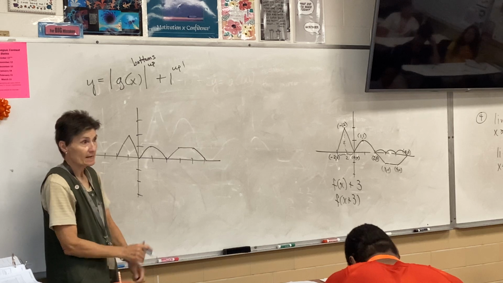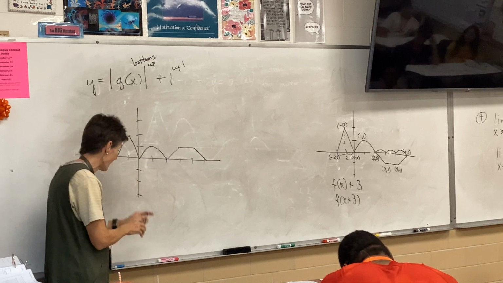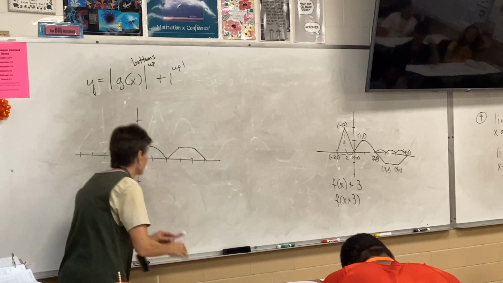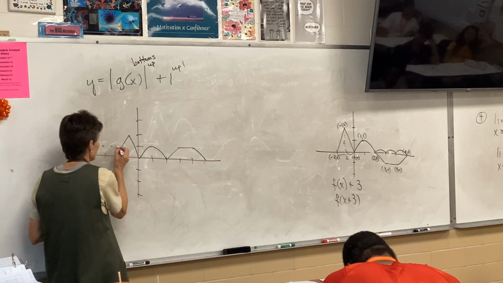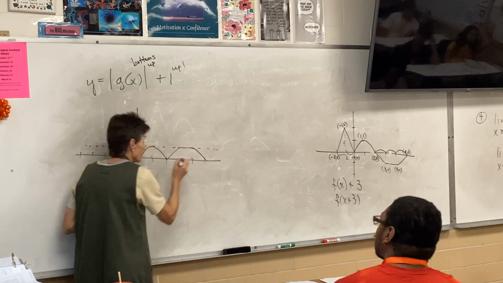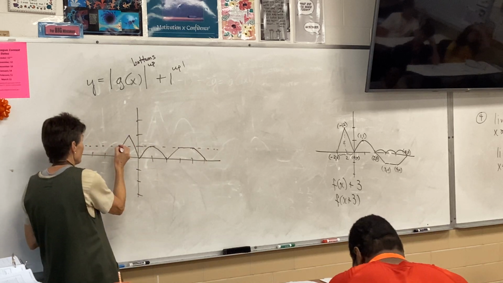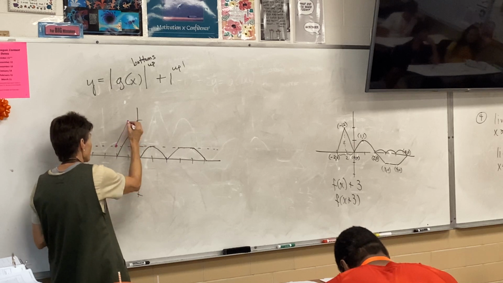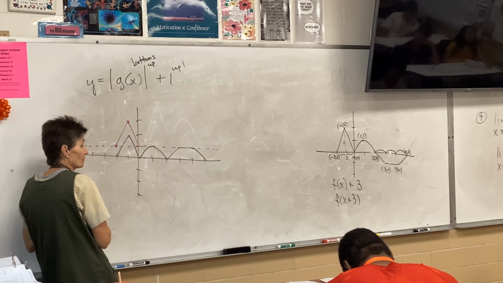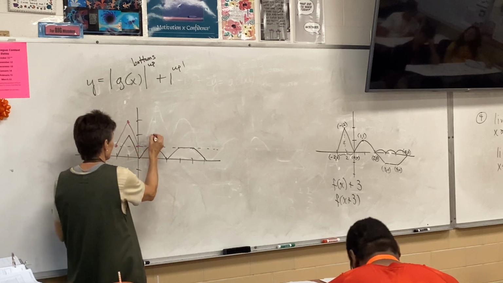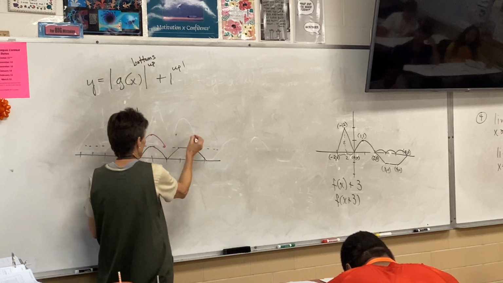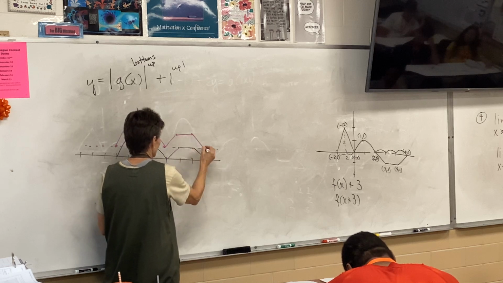Okay, now we're going to pick the whole shebang up 1. So you don't need to draw this line in, you absolutely do not need to draw that line in, but you can if you want. You're going to pick everything up 1 space. So we lifted the triangle, lifted the semicircle, lifted the trapezoid.